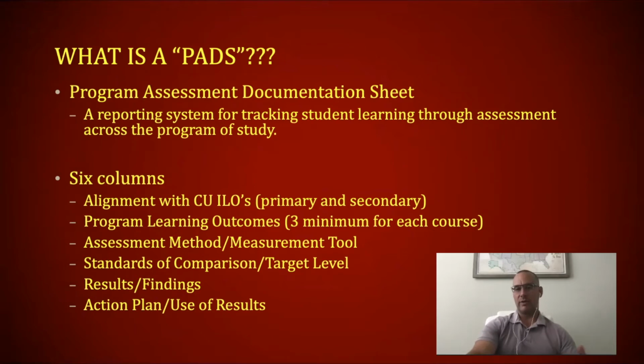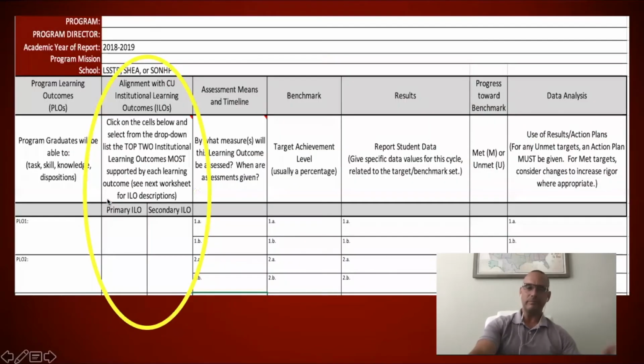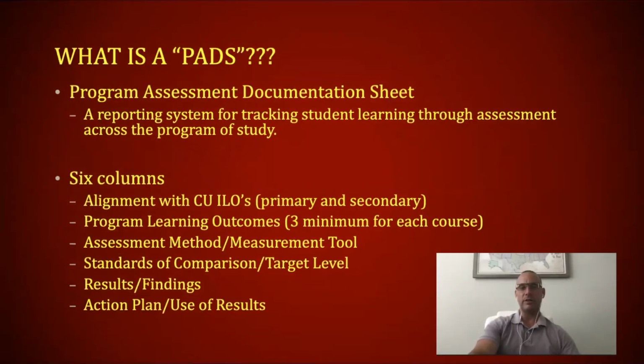At the course level, if I'm not mistaken, there are 5 columns. At the program level, we have 6 columns across that spreadsheet, and I've got a screenshot here in just a moment. But the additional column, backing up just a moment, is for our alignment with CU's institutional learning outcomes.